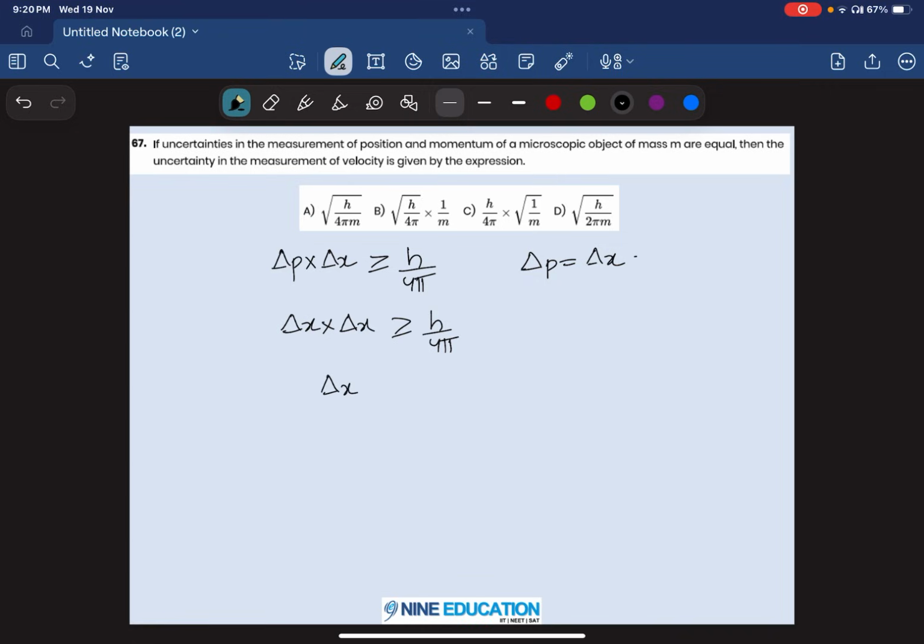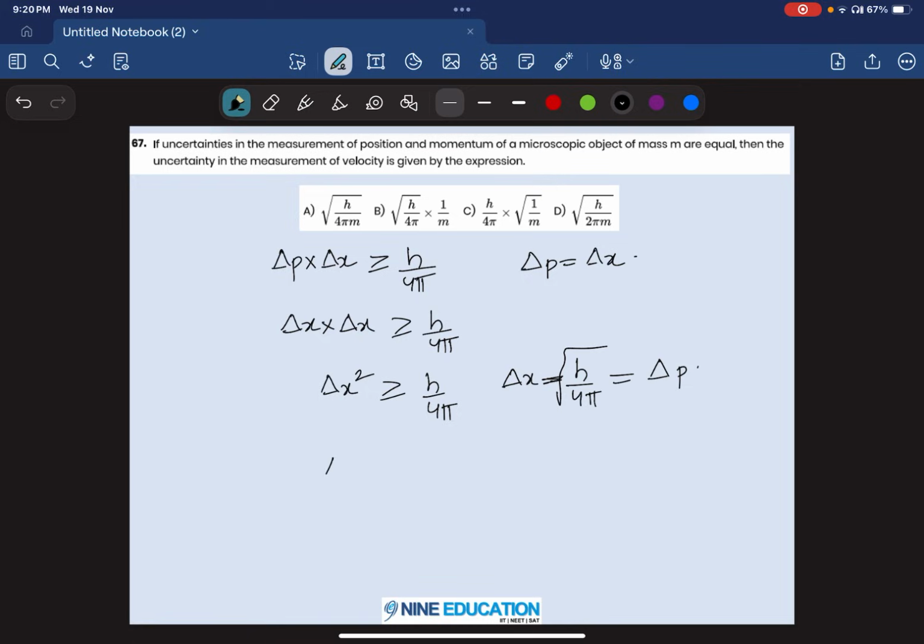So delta X is equal to under root h by 4 pi. That means that is also equal to delta P.